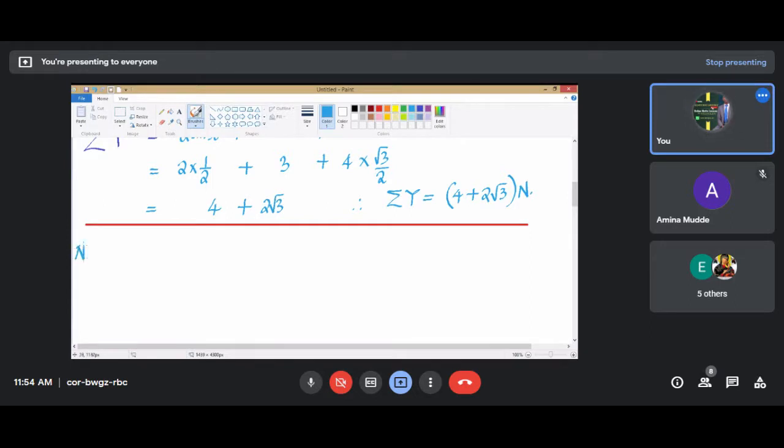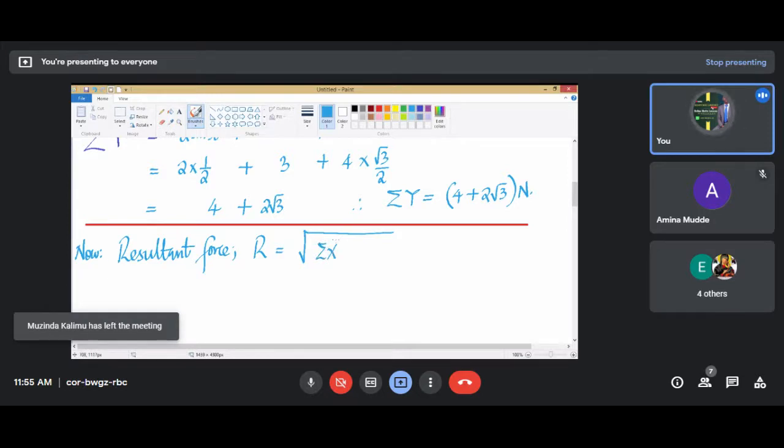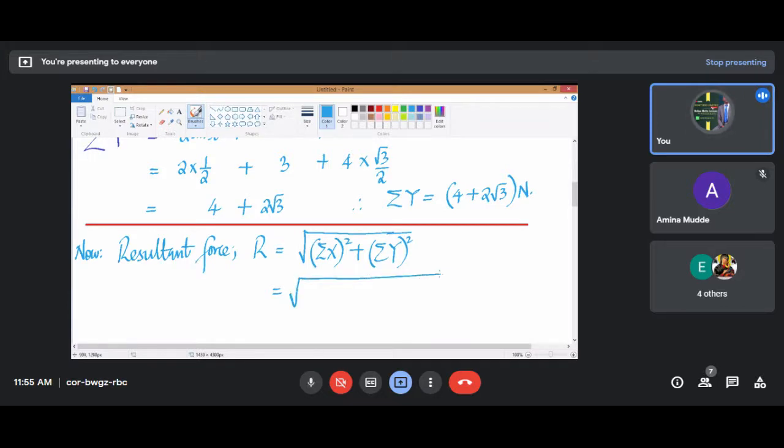So now, the resultant force R is the square root of the summation of x all squared plus the summation of y all squared. It's advisable not to rush to get the decimals. Keep those surds intact.